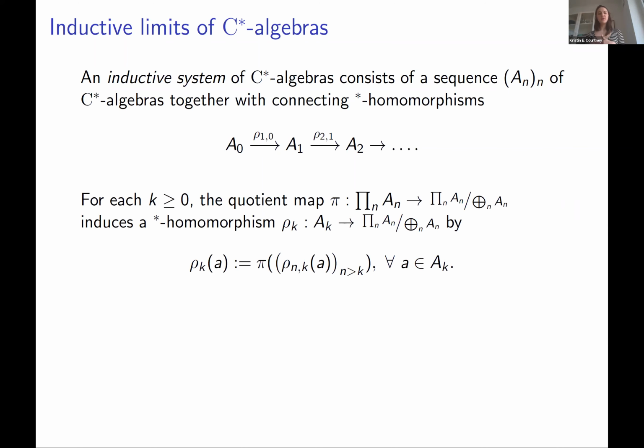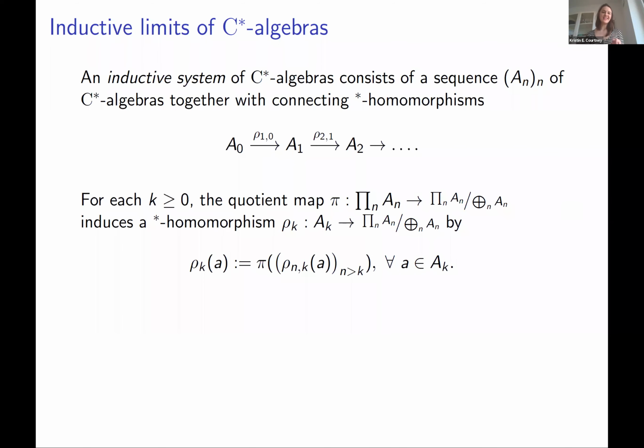And for each k, the quotient map, which sends the space of norm-bounded sequences coming from elements in these C-star algebras to the quotient of this space by the sequences that converge to zero in norm, induces a star homomorphism from each of the C-star algebras in the sequence into this quotient space.